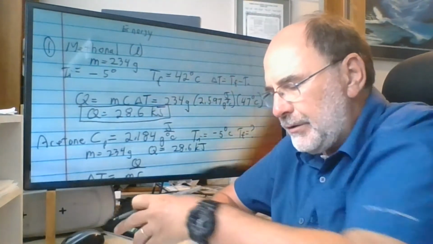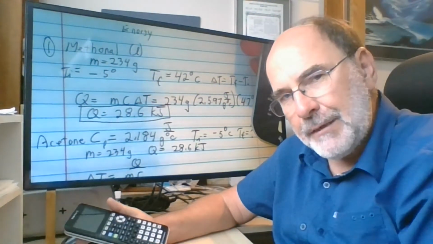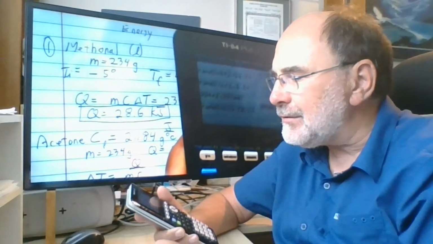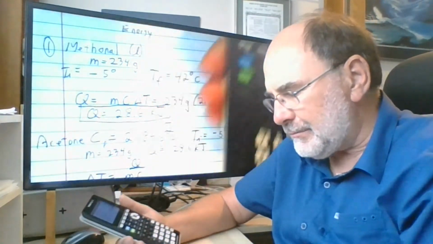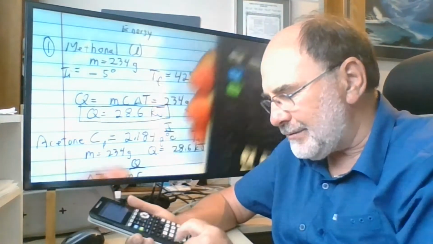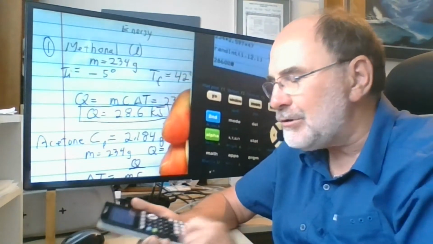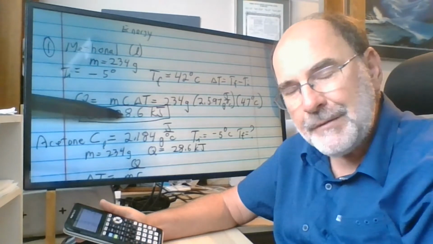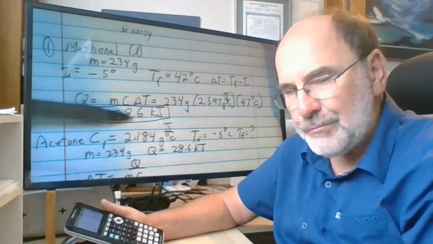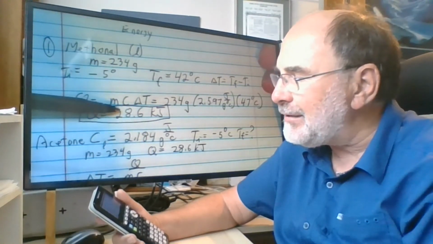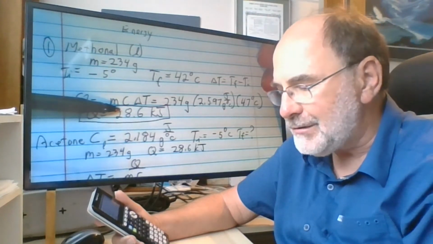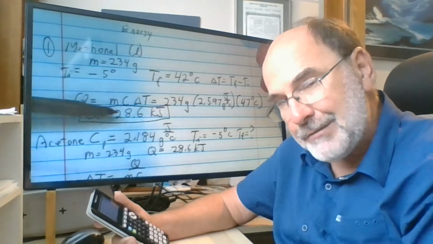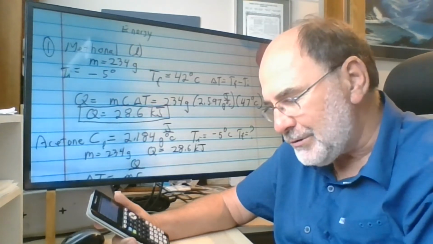Okay, so here's where you and I might have a small discrepancy. I have not cleared my calculator. Yes, I have. So I'm going to use 28,600 joules. So if you didn't clear your calculator from the last problem, this is rounded off from 28,561.806. I'm starting off saying it's 28,600 joules.